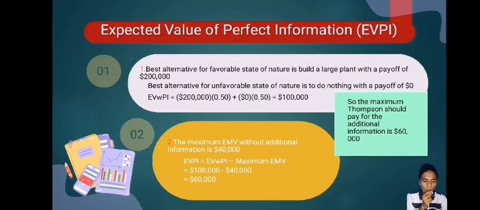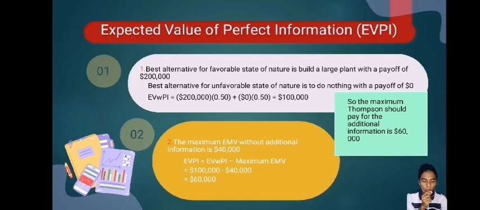Then, i-solve na nato ang expected value of perfect information. So, again, ang formula is EVPI is equal to expected value with perfect information, which is 100,000, less maximum EMV.